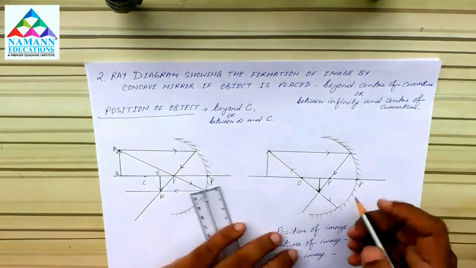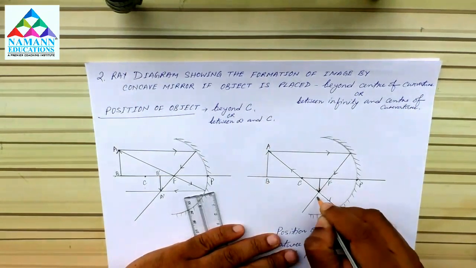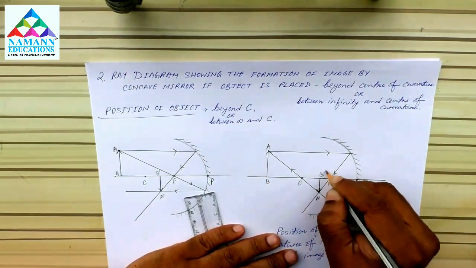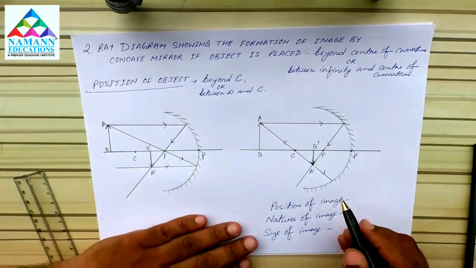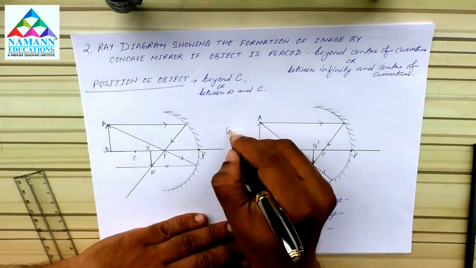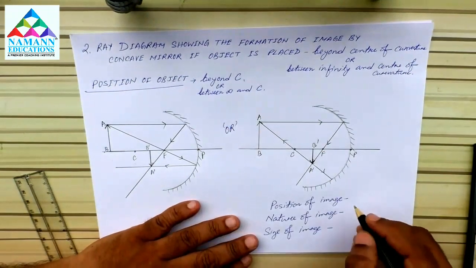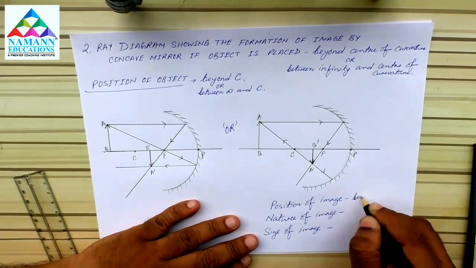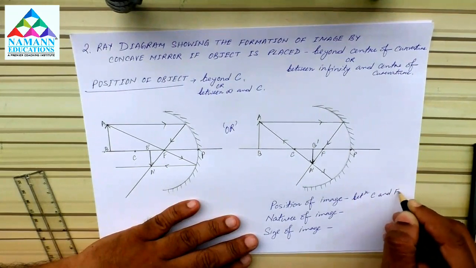So if AB is the object, A dash, B dash is the image. So if I ask you, you can draw any one of these diagrams which you feel convenient for you. Position of image is between C and F. C is the center of curvature, F is the focus.